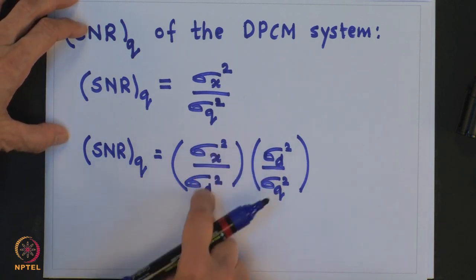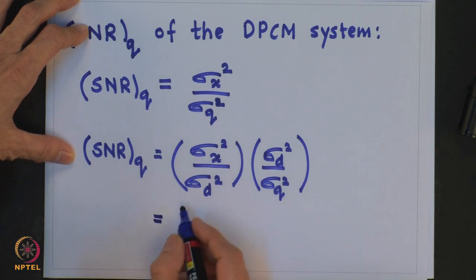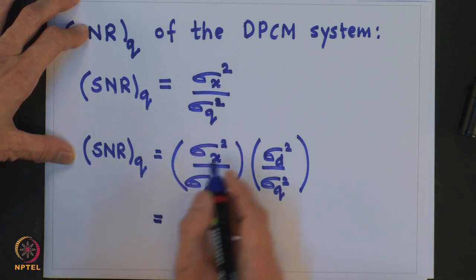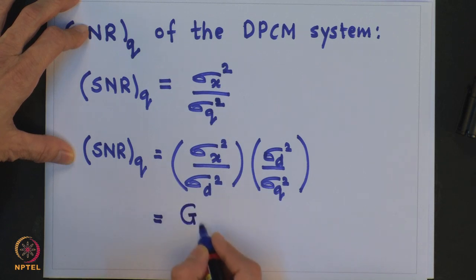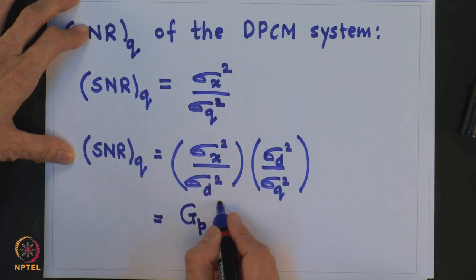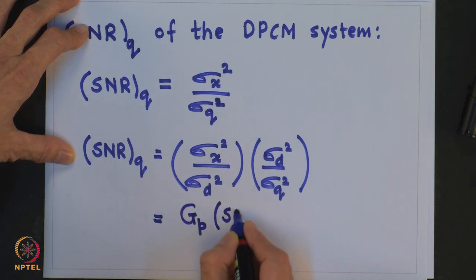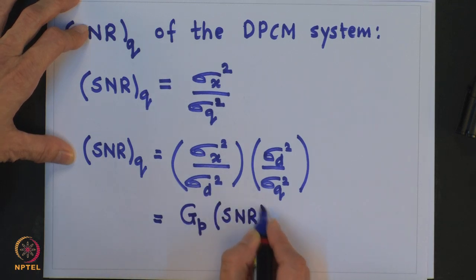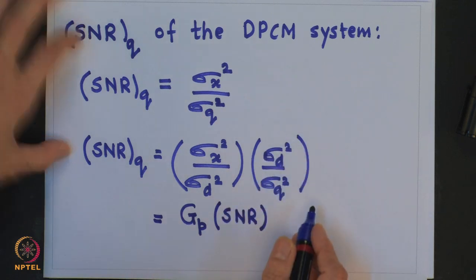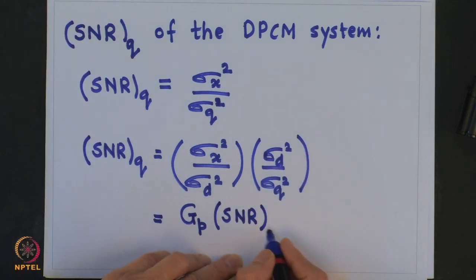This quantity out here is known as the processing gain of the DPCM and is denoted by GP, and this quantity out here I would denote as the quantization noise associated with the difference signal.